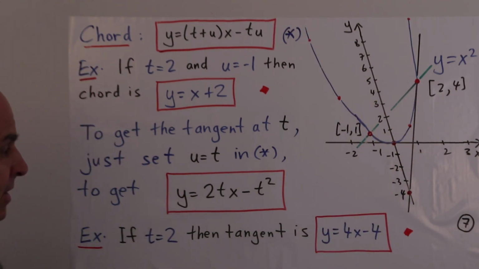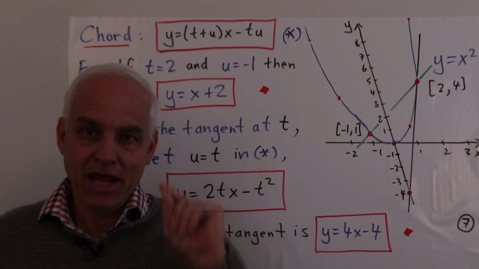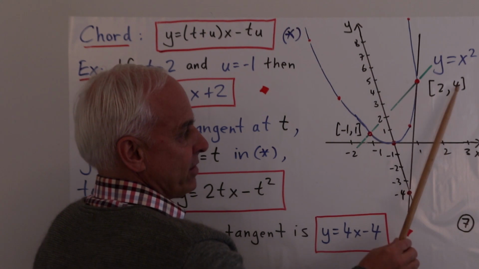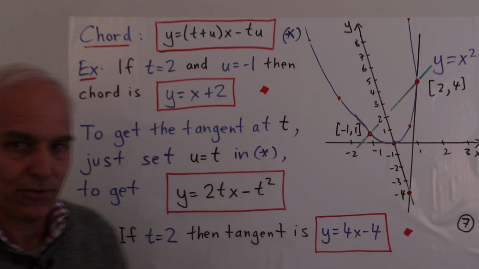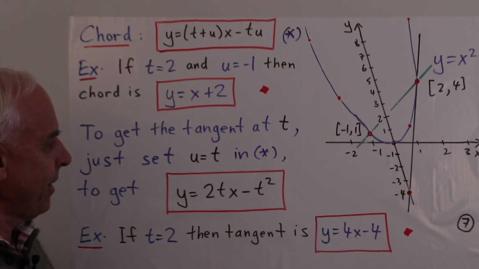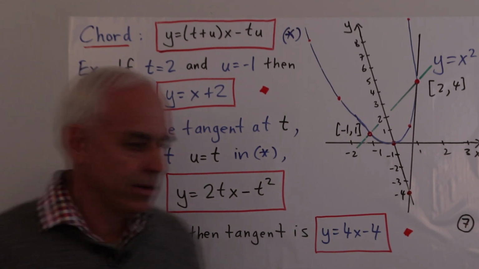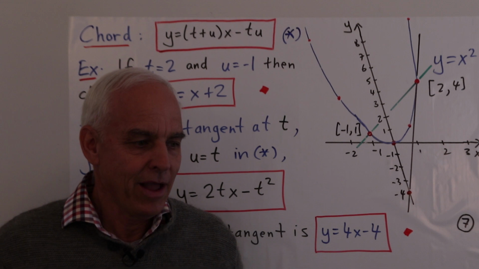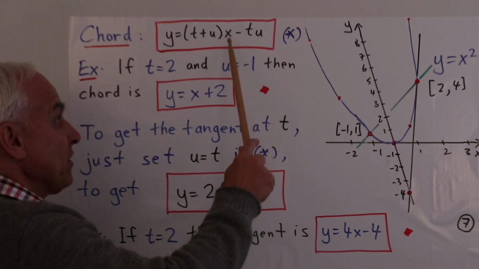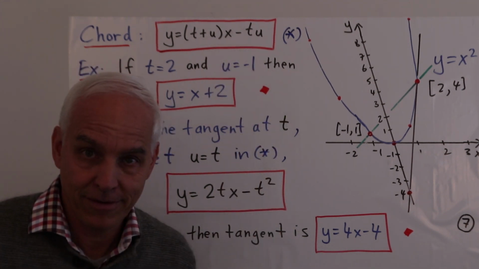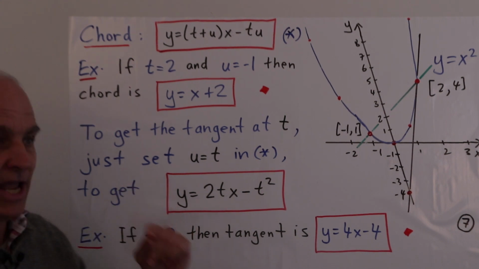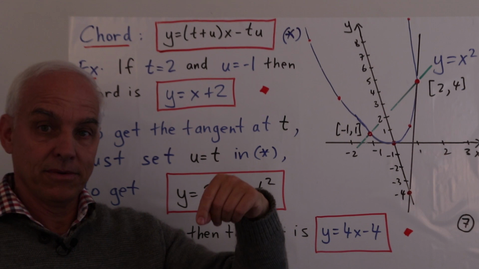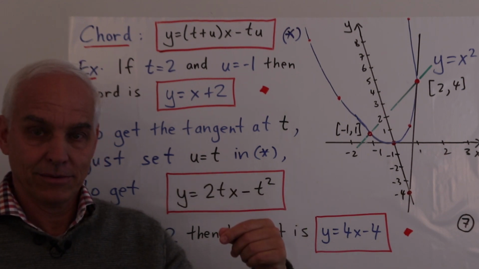Easy. Now, how do we get at a tangent? Suppose that we're interested in the tangent to this curve at the point 2, 4. In other words, when t equals 2. We're going to perform a very simple-minded kind of trick, I suppose. What we're going to do is take the equation for the chord and just set the second parameter, u, equal to the t that we're interested in.